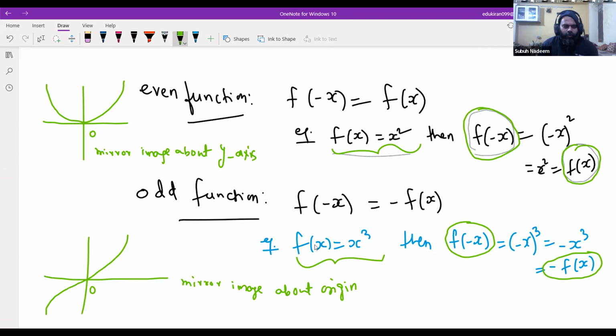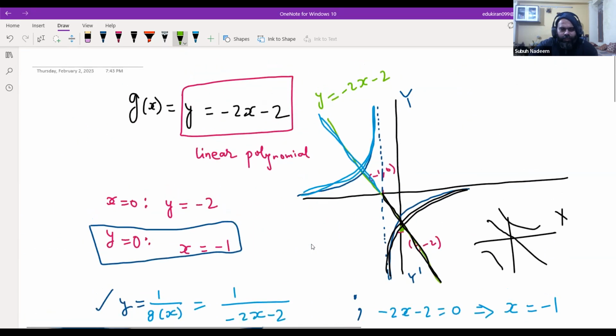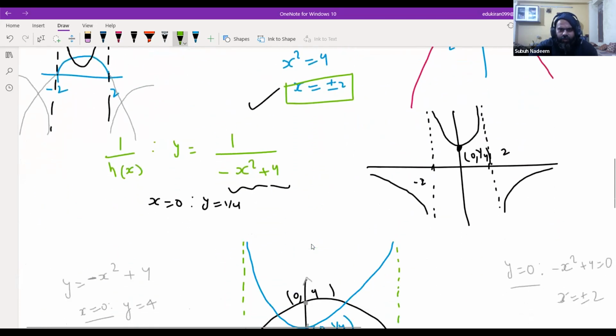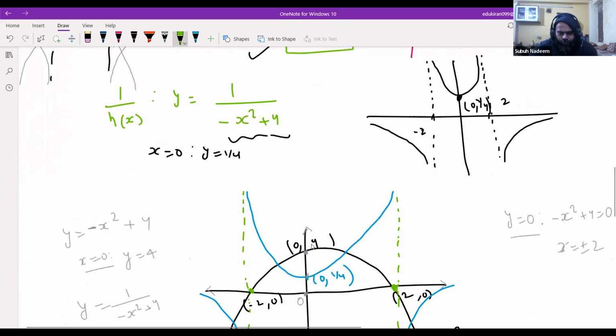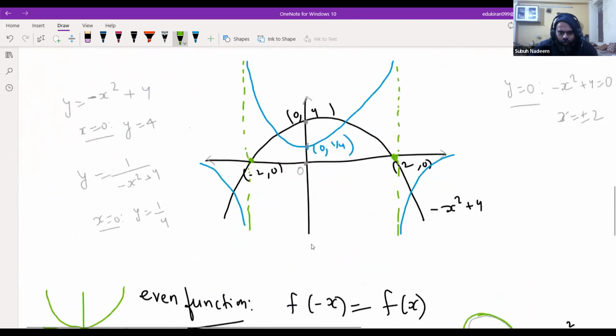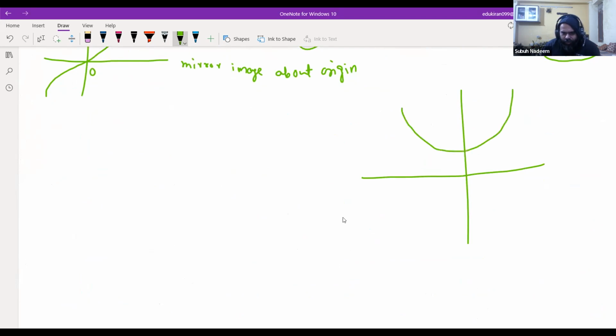Now the above graphs, if we observe the first one, not this one, instead this one. If I draw it again below, this graph is like this, and then like this.